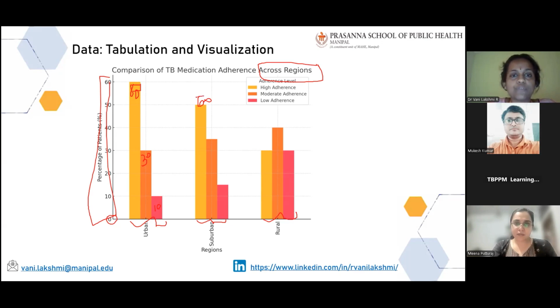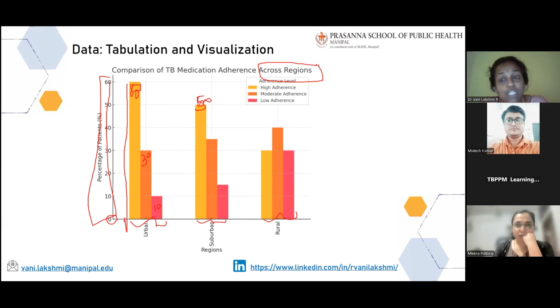So what do I find? It looks like urban people have relatively high adherence. Yes, they are more aware. Suppose you are giving SMS or WhatsApp notifications, they are getting notifications, they are in network. Sometimes you send a WhatsApp message and you will get a double tick, but the blue tick will never come. Or maybe it's a single tick also. We don't know.